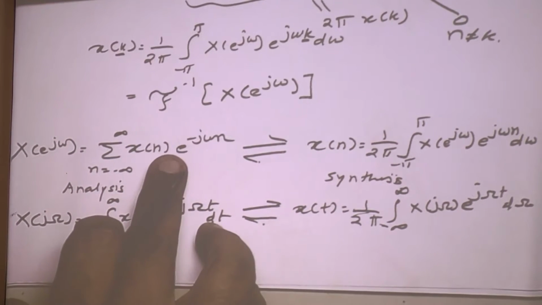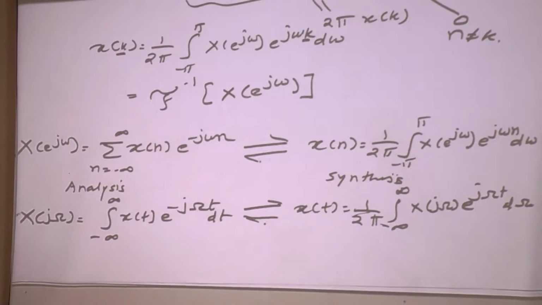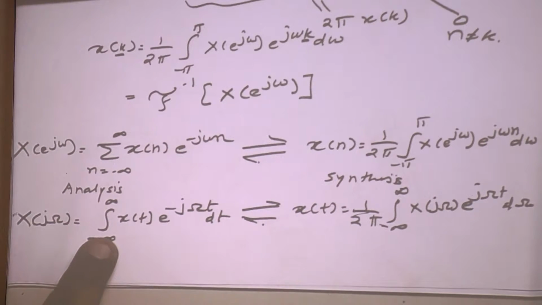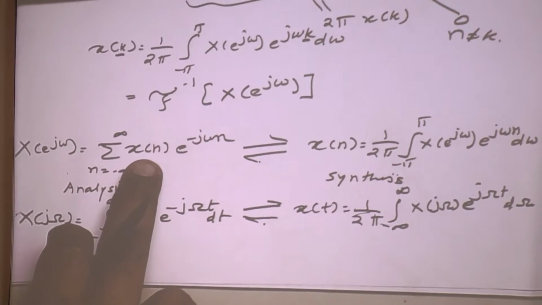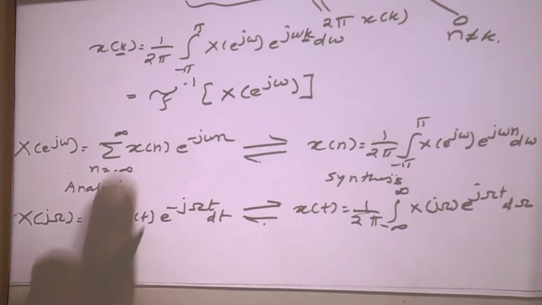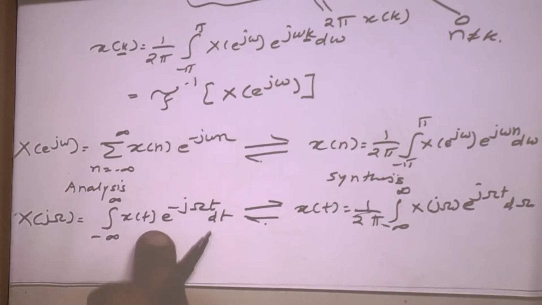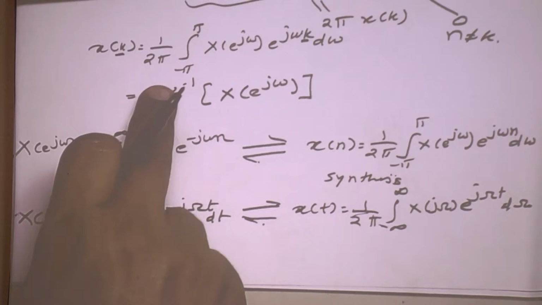Same process is applied here, except that x of t becomes discrete. In case of continuous time, because it is continuous time, I integrate. Because it is discrete time here, I sum. I make use of summation. Integration and summation is the same. Even if I integrate x of n, the meaning is going to be the same.